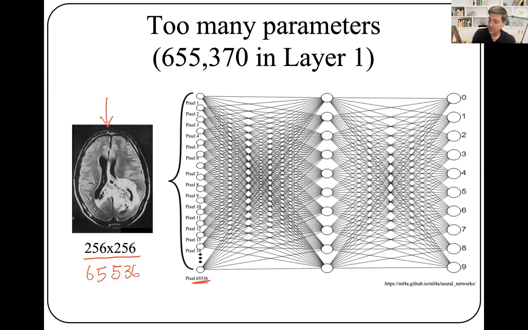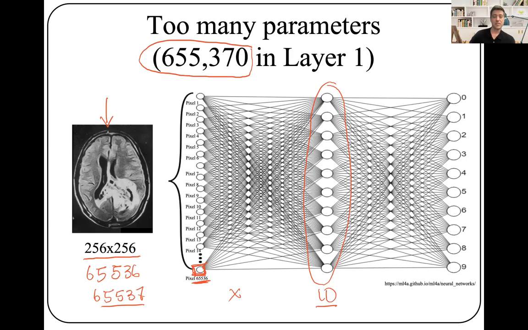You're going to add the bias, so an extra neuron for the bias, and that's going to give you 65,537 neurons in the input layer. Again, you have 10 neurons in the hidden layer. So the number of parameters is going to be this times 10, and that's 655,370 parameters. Now it's starting to be quite big.